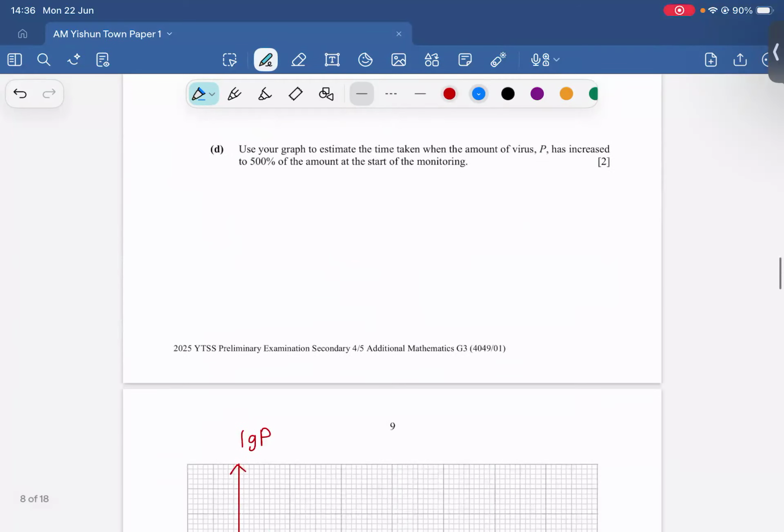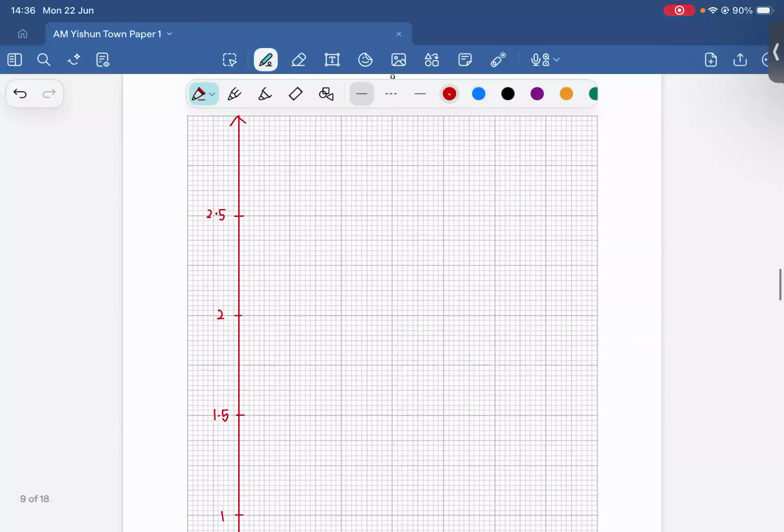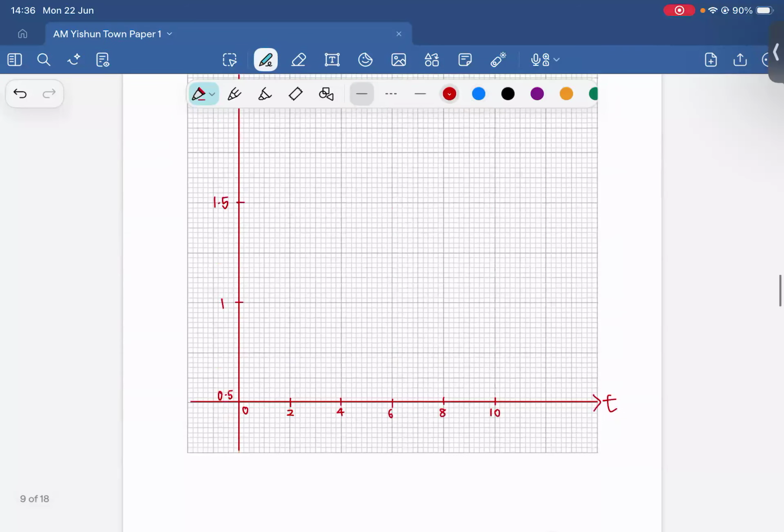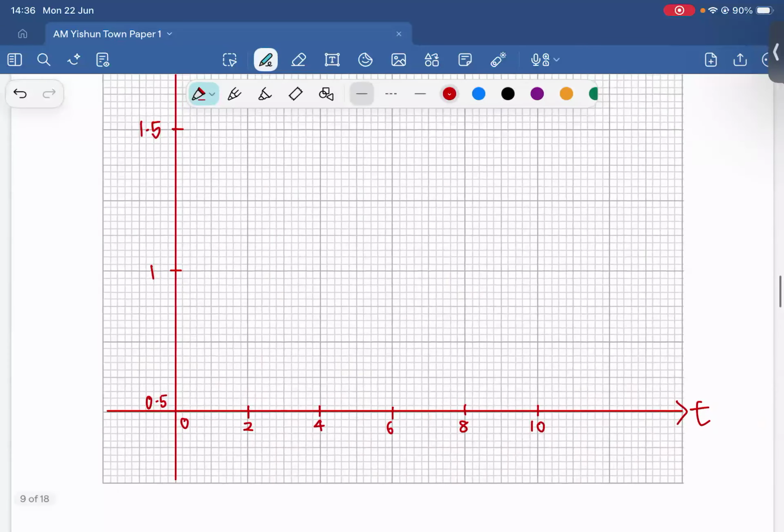So let's plot this now. 2 is 1.079. This is 1.1, 1.2, 1.3, 1.4.